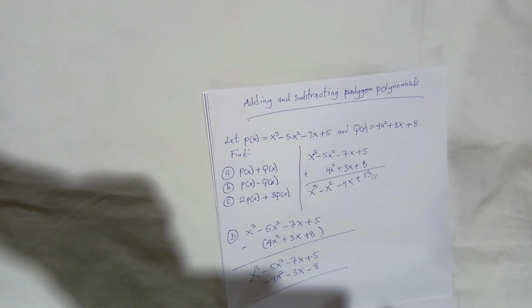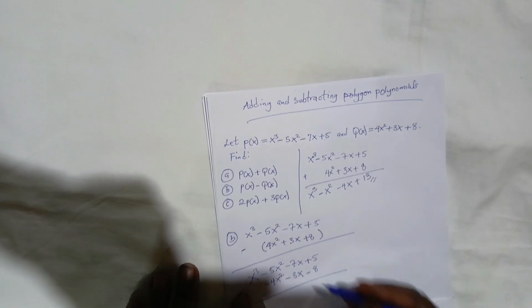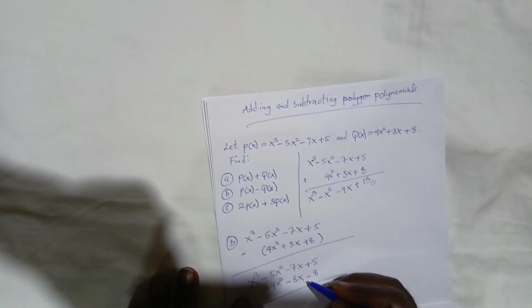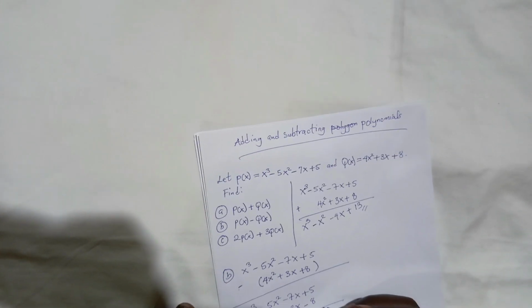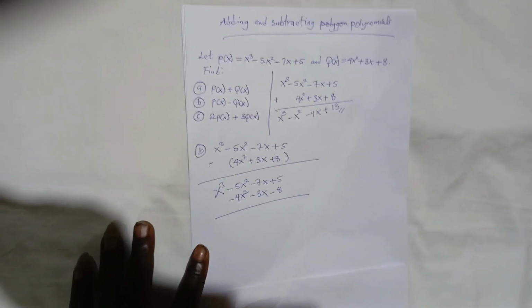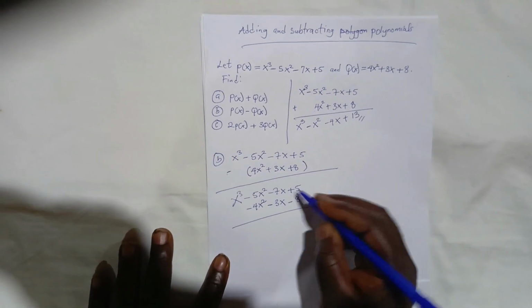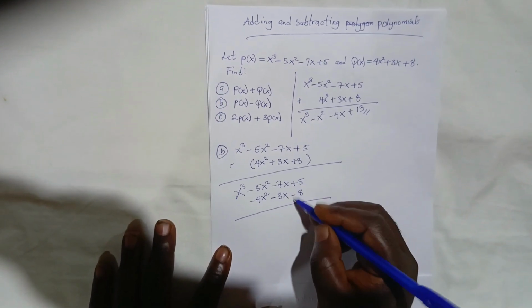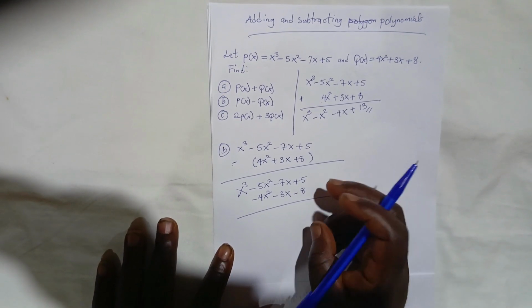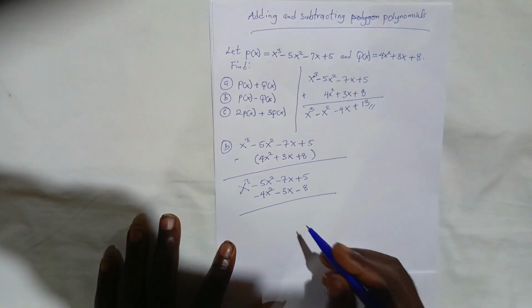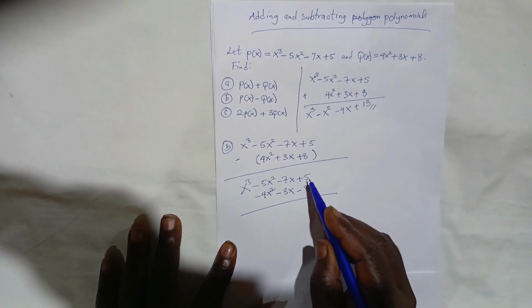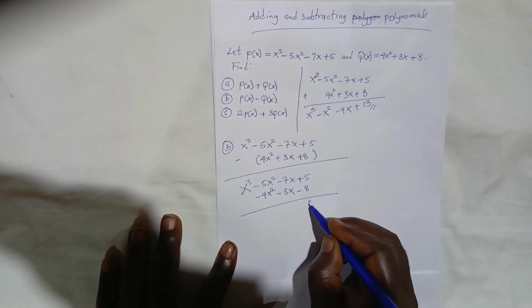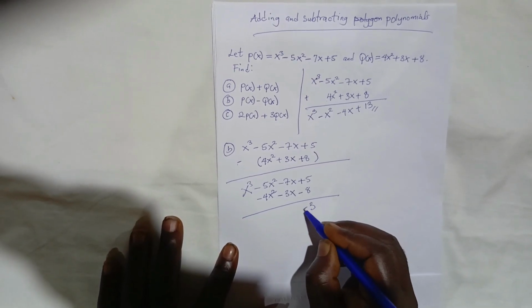Now we can subtract. So we have positive 5 minus 8. We're going to use the same rule that says when we have opposite signs, we subtract, but the greater number carries the sign. So we have 8 minus 5 is 3, negative 3.